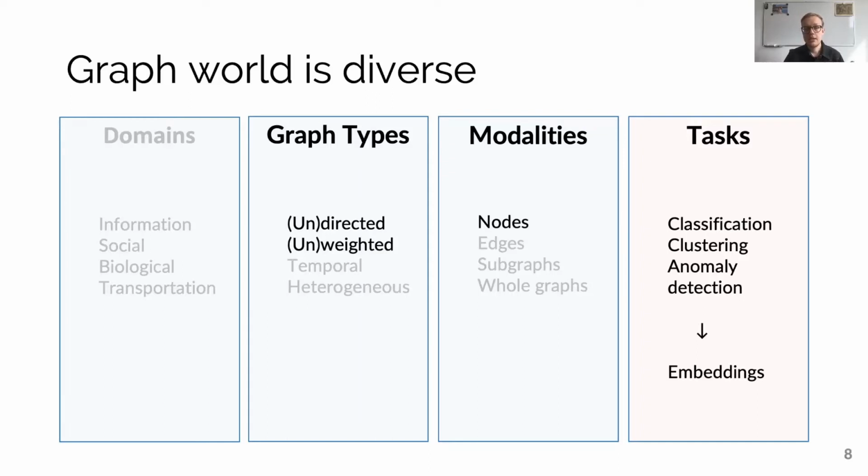In this particular talk, I will focus on the embedding algorithms irrespective of the domain. I will not cover temporal or heterogeneous graphs, and I will only talk about embeddings of nodes, although I will also talk about how to do link prediction with those.